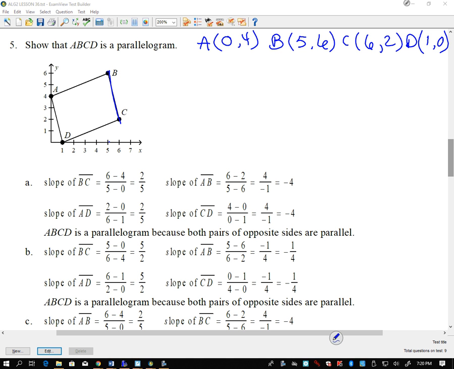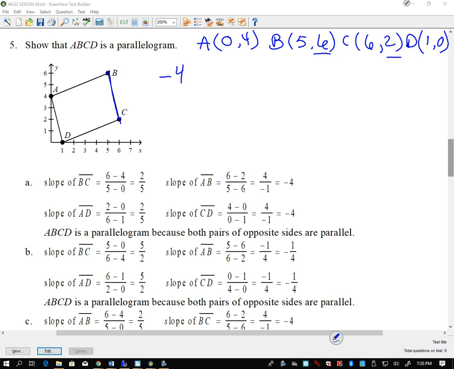Now, it would be easy enough to do, rather than just doing that slope form, if I know slope is rise over run, I can look at the y value change from B to C. We're going from 6 down to 2. So I'm going down 4.